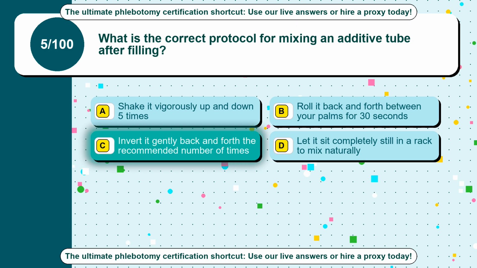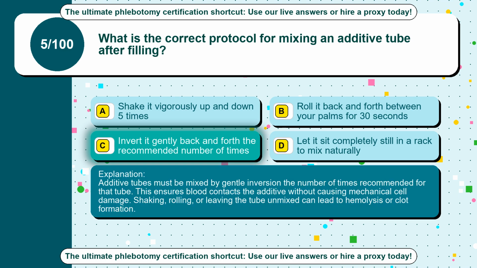The correct answer is Option C, invert it gently back and forth the recommended number of times. Additive tubes must be mixed by gentle inversion the number of times recommended for that tube. This ensures blood contacts the additive without causing mechanical cell damage. Shaking, rolling, or leaving the tube unmixed can lead to hemolysis or clot formation.